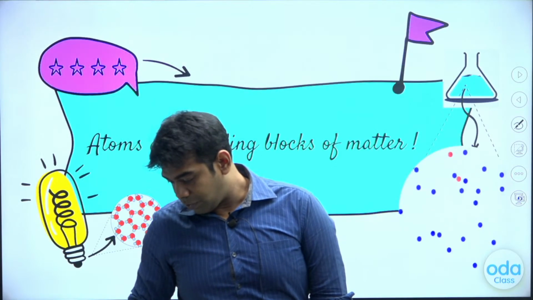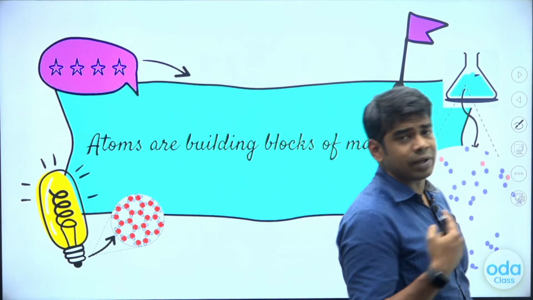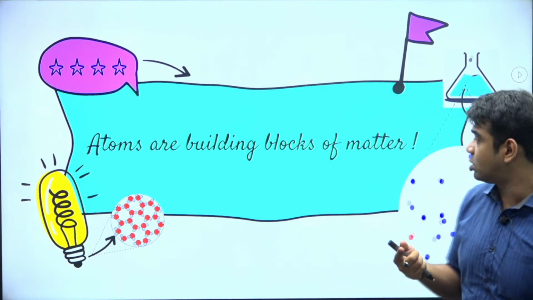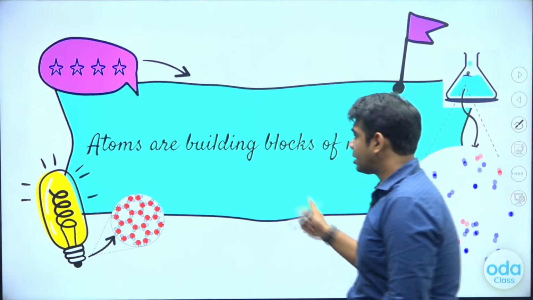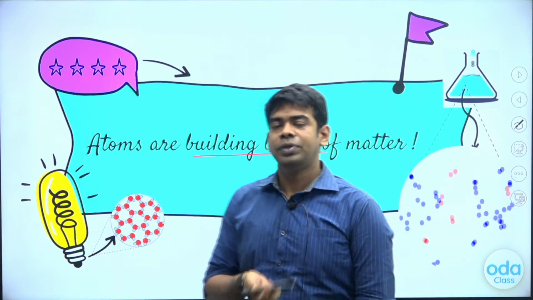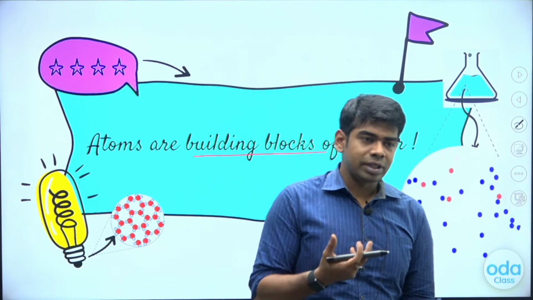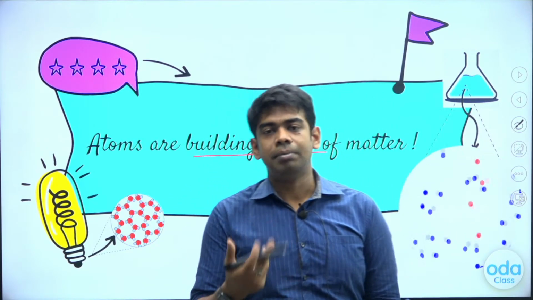Now let's move ahead. This slide was already given to you in the previous lectures: we have discussed that atoms are the building blocks. We don't need to prove that again. When we say building blocks, we are basically combining atoms.